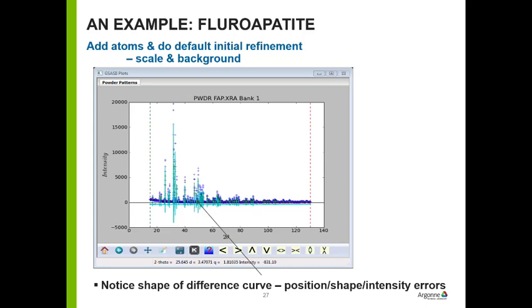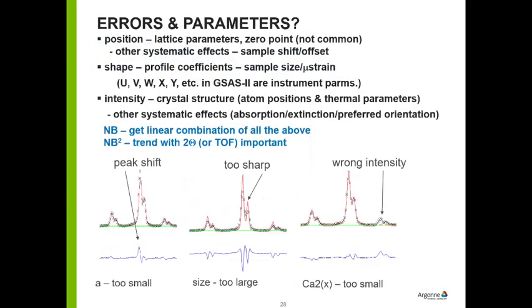And it could be all kinds of things that are wrong, because what you're interested in is looking for position errors, shape errors on the peaks, and intensity errors, because each one of those has a different kind of set of parameters associated with it. And this next slide, I hope, gives you an idea what this is about. The position is dictated by things like the lattice parameters, sample displacement errors, not the 0 point, anything that will offset the peak positions.